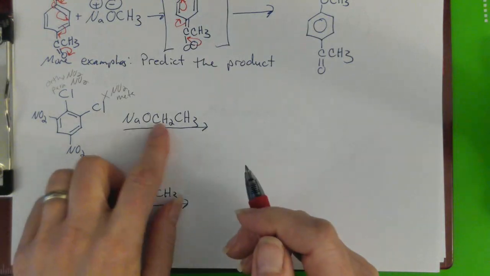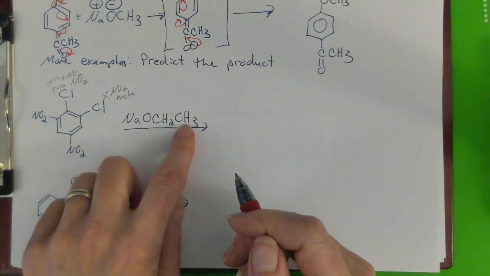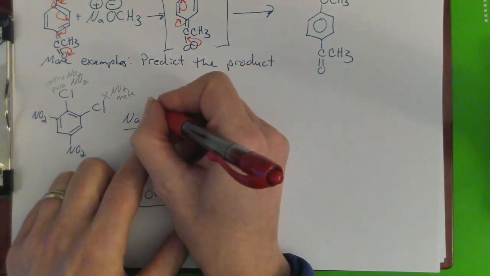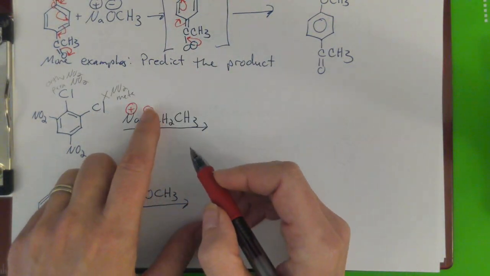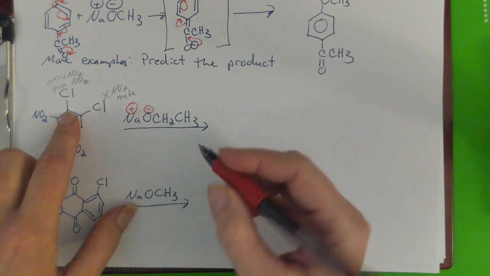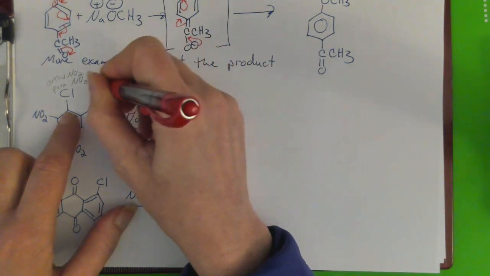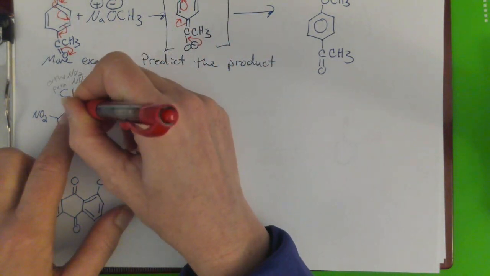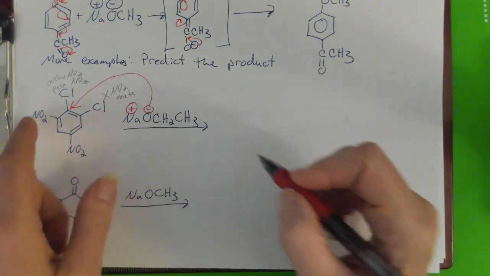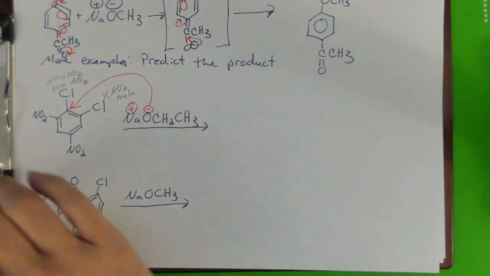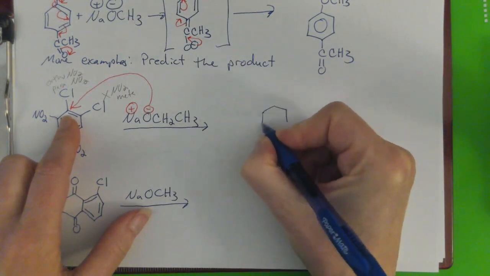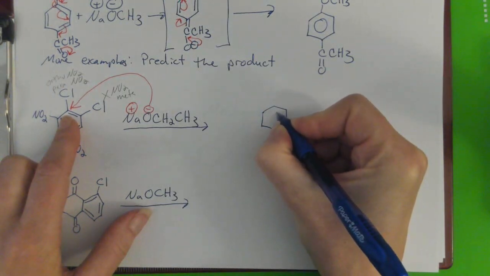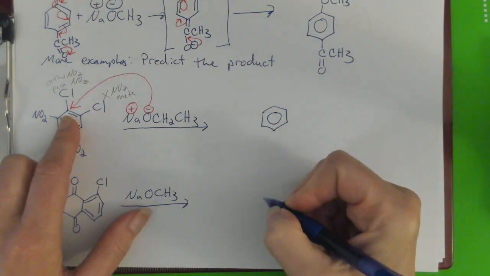Okay, so here our nucleophile is ethoxide, right? So we have a negative and a plus. I'm going to be attacking at this carbon, right? And then I'm just going to go directly to the product here. And what do I expect to get? You can just draw the circle in the ring. It's going to be aromatic.